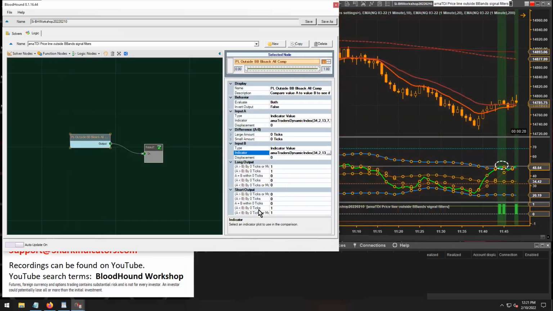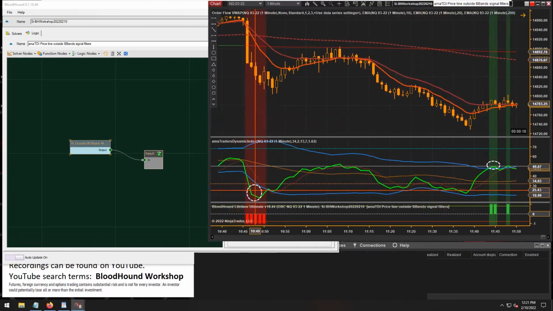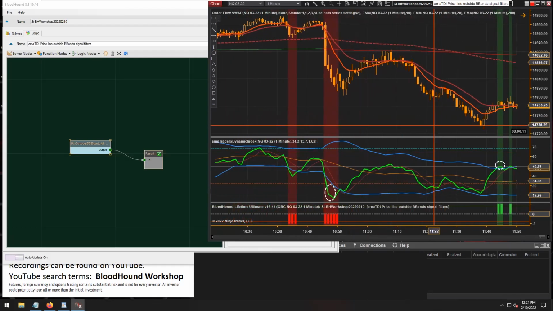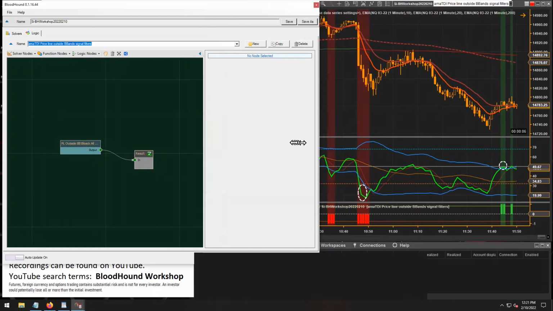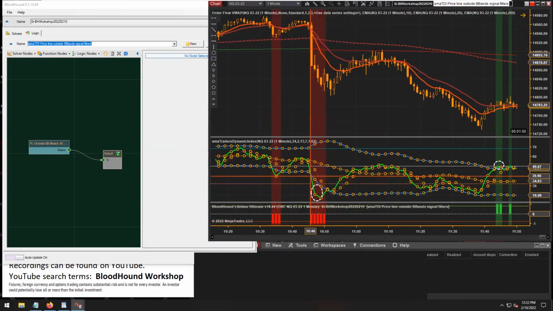All right, so now I just need to figure out what outputs I want here. And look, I already have some outputs right here to help me figure this out. I can see when the price line goes below the lower band, I'm getting a short.